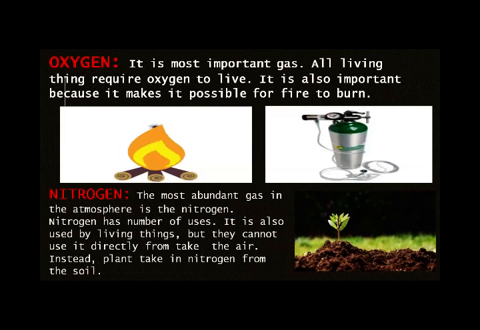All living things require oxygen. We know very well that if we don't have oxygen, we cannot breathe. We can die without oxygen. It is also important because it makes it possible for fire to burn. Without oxygen, nothing can burn.